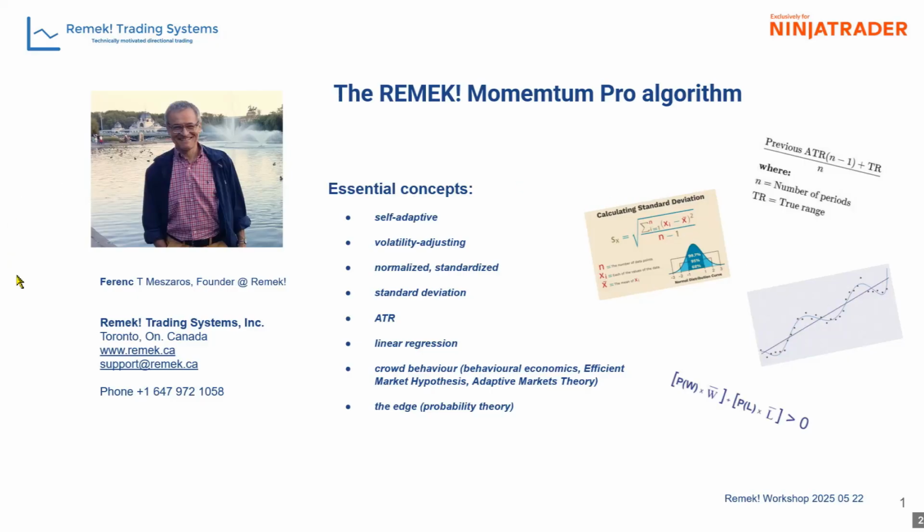Basically, you need to be familiar to some extent anyway with a few mathematical concepts here, one being the standard deviation, then of course ATR, which everybody knows in the trading world, and also linear regression, which is also a quite well-known term. And most importantly, the equation of the edge.